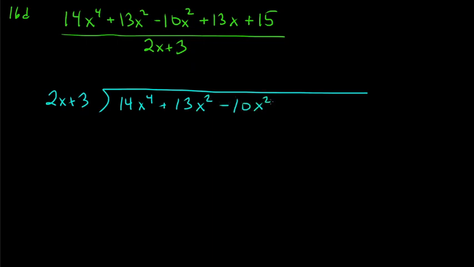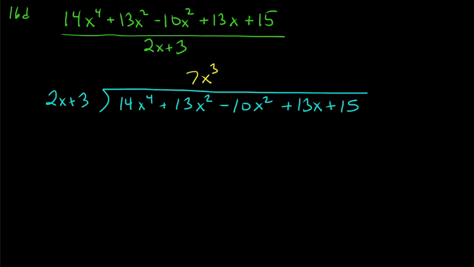But no missing terms, no zeros here. So remember to include any missing zeros as placeholders. That'll come up later. All right, step 1, 14x to the 4 divided by 2x. So 7x to the 3.